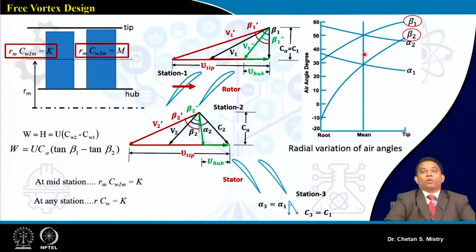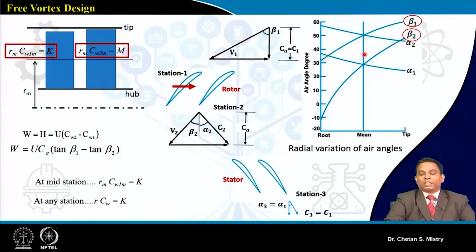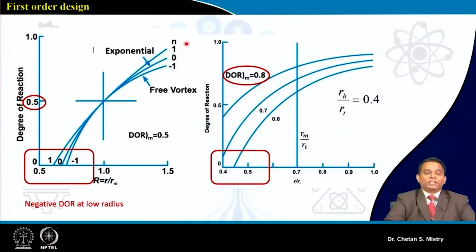And if we go back and look at what is happening, we have realized that we will have a variation of degree of reaction. When I have n equal to 1, that gives the free vortex concept. When I take n equal to 0, that gives the exponential design concept, and n equal to 1, that gives the first order design concept.